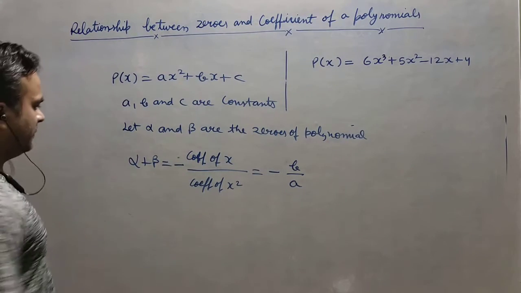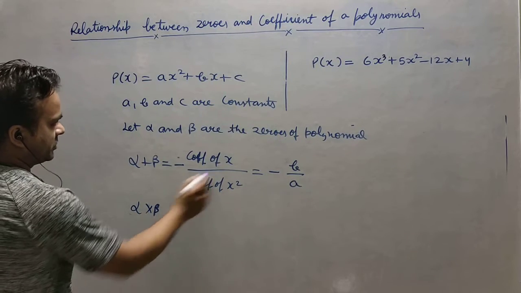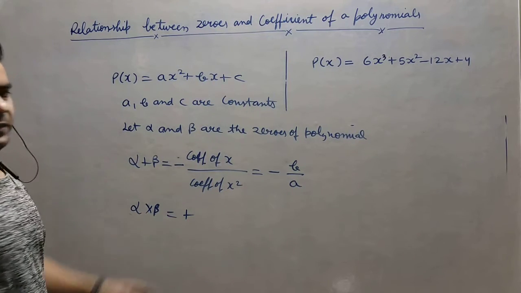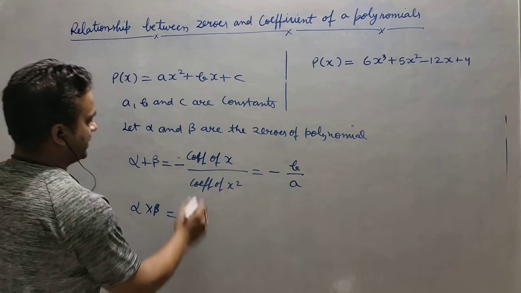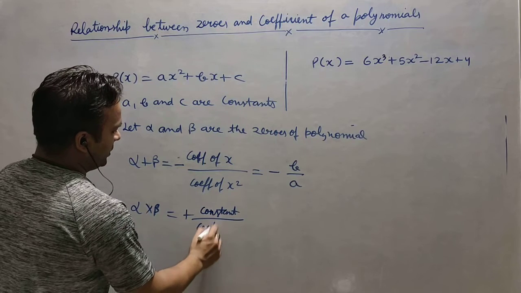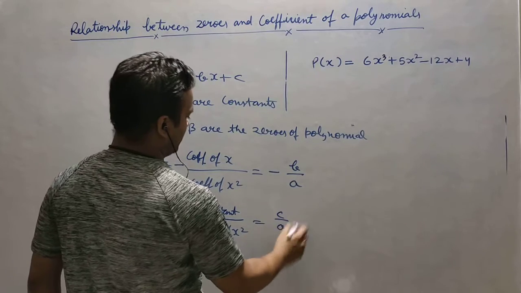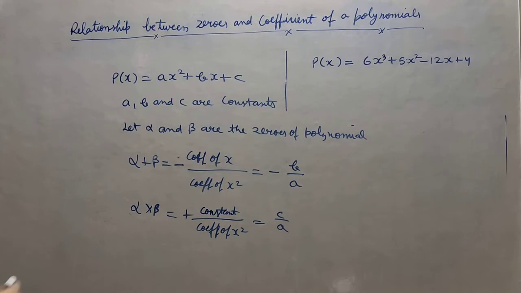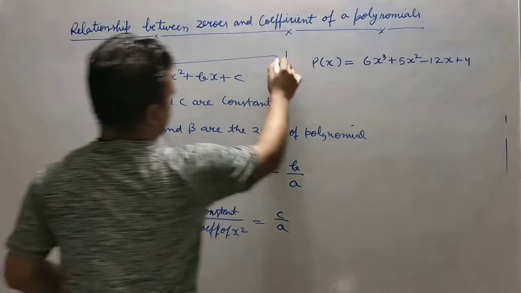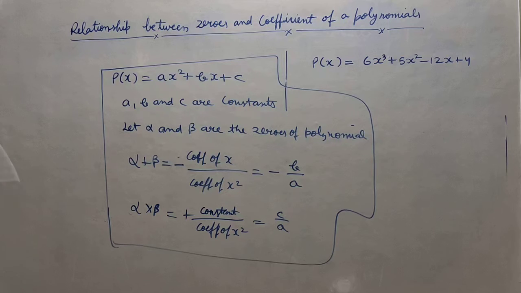Minus we are taking according to the formula, and here in the first verification we took plus. The product will be the constant, and in both cases the denominator is the same, so it will be c upon a, right? So this is the general form of the relationship between zeros and coefficients of quadratic polynomials, right?